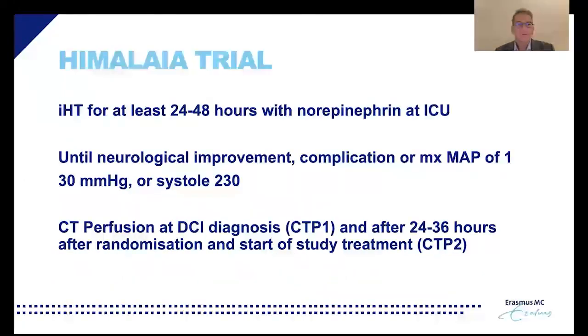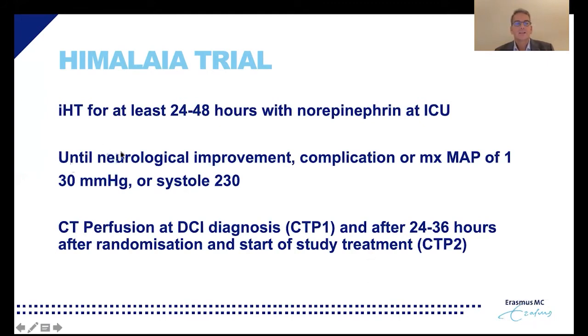So induced hypertension in those randomized for the intervention lasted for at least 24 to 48 hours, and was done with norepinephrine at the ICU. So when the patient was not at the ICU, he was first transferred to the ICU.